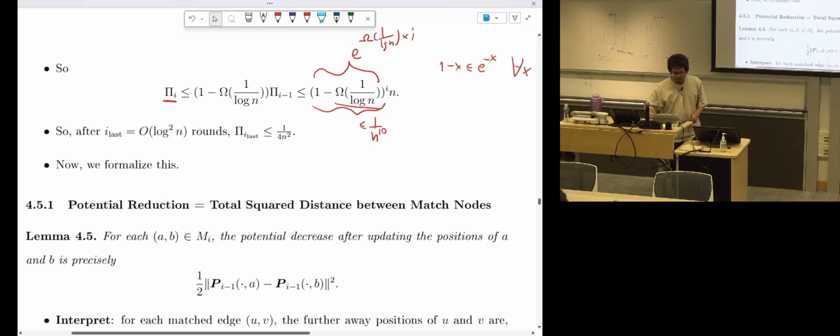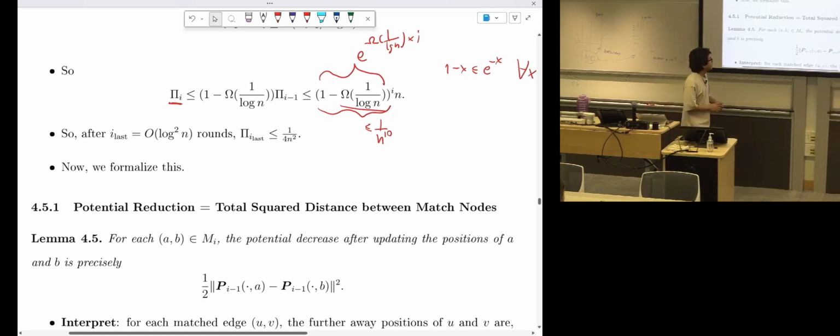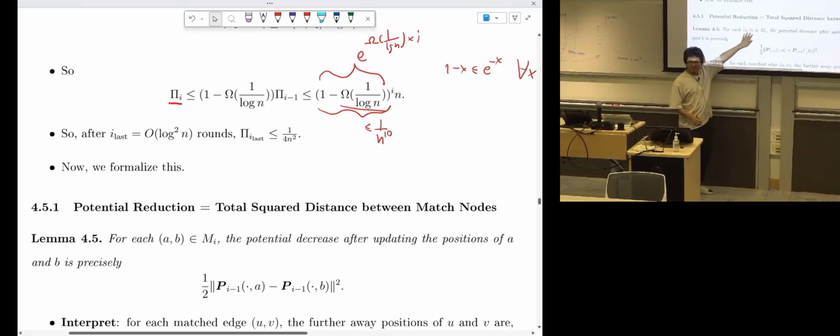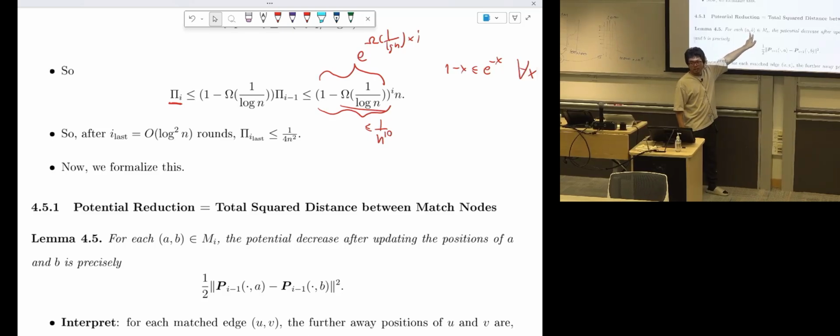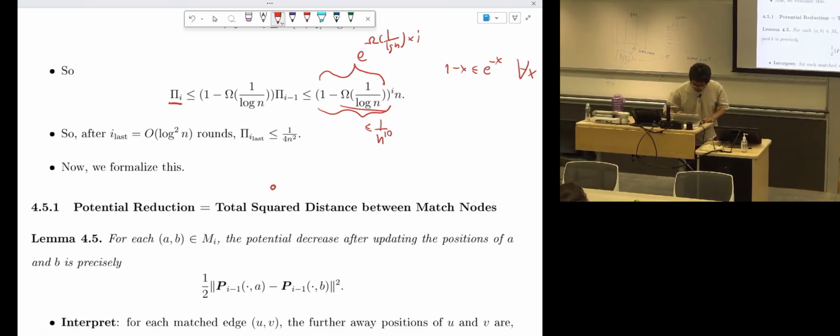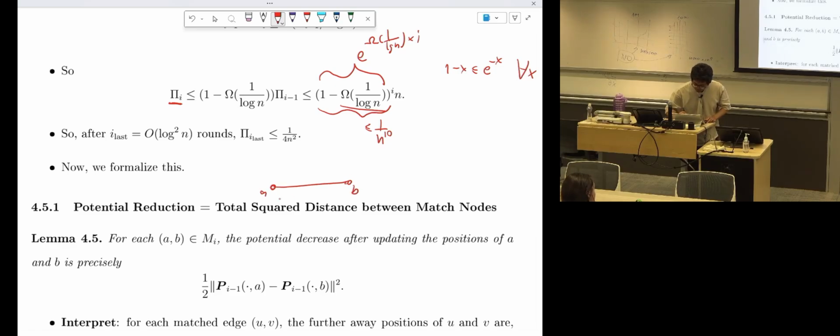Formally, you can say this: for every matching edge AB in M_i, when you match A and B, meaning that you move the points at A and B both to the average, that's how you move points.